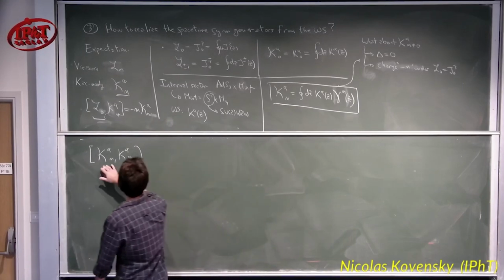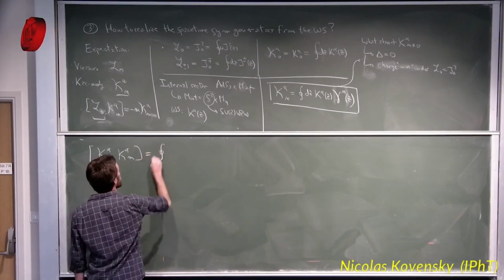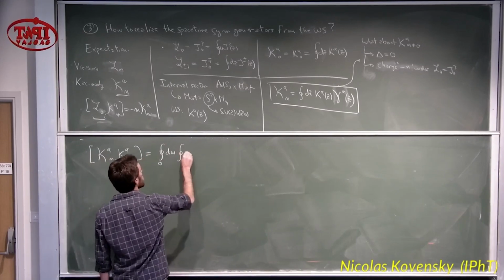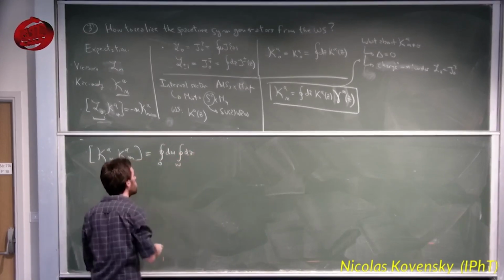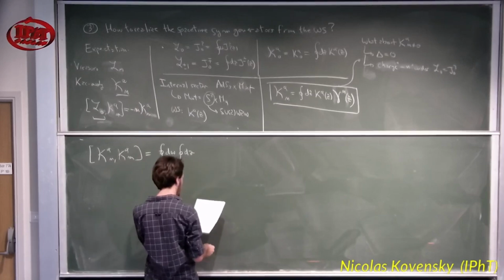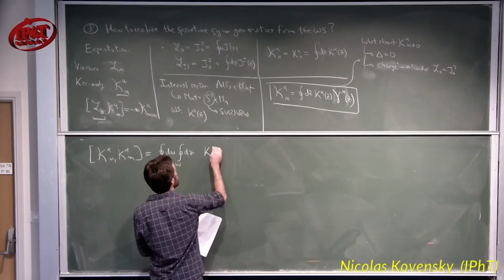The usual way to compute these commutators in the complex notation is to have an integral on W, an integral on Z, around W, first one around the origin, the second one around W, of my two guys, right?